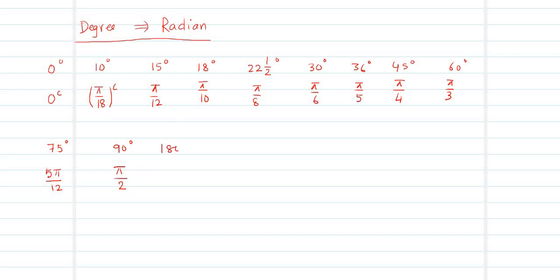180 degree, pi. 120 degree, 2 pi by 3. 135 degree, 3 pi by 4. 270 degree, 3 pi by 2, and 360 degree, 2 pi.